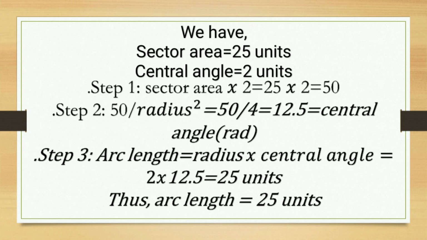Step 2, divide by radius squared equals 50 divided by 4 equals 12.5, the central angle in radians. Step 3, arc length equals radius times central angle, 2 times 12.5 equals 25 units. The arc length is 25 units.